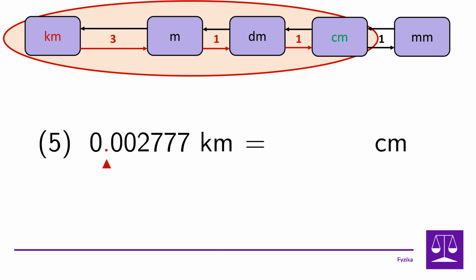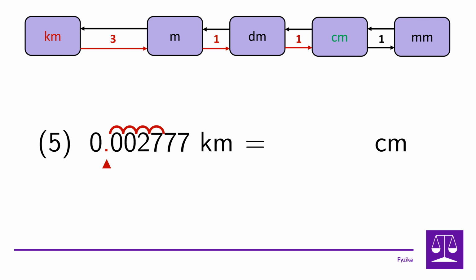So we take the decimal point and move it 5 places to the right: 1, 2, 3, 4, 5. The resulting value is therefore 0000277.7. The 4 zeros at the beginning are superfluous, so the result is 277.7 centimeters. Thus, a length of 0.002777 kilometers equals 277.7 centimeters. That completes the fifth conversion.